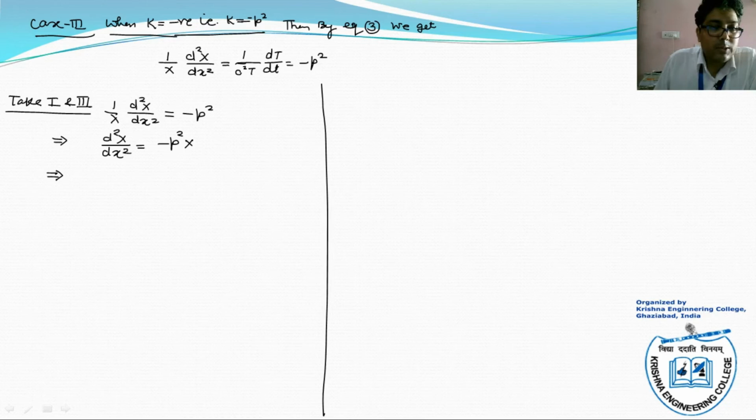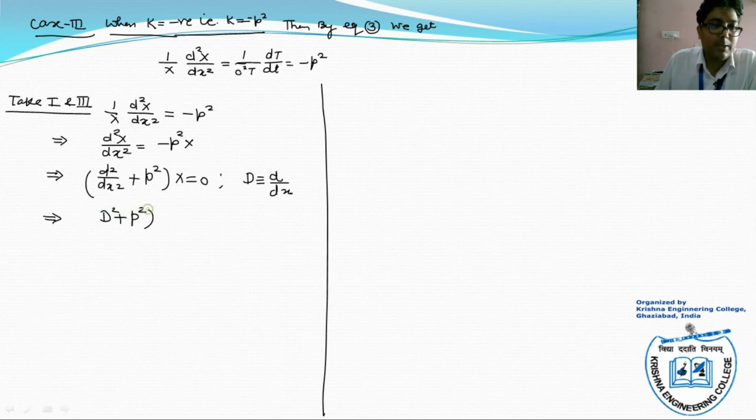This becomes d square over dx square plus p square into capital X is equal to 0. Let us take D is equal to d over dx. So this becomes D square plus p square into capital X is equal to 0.